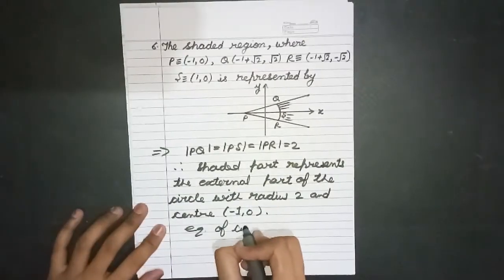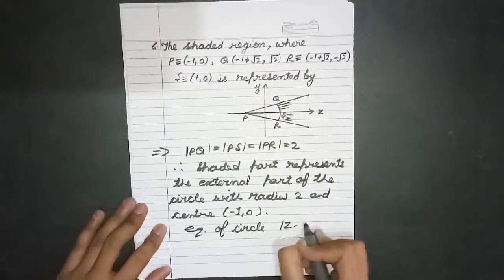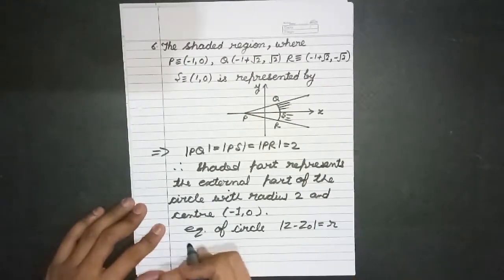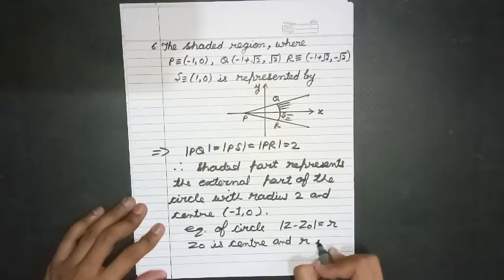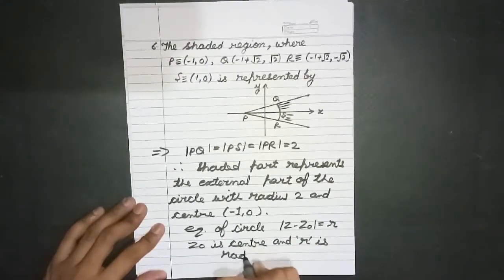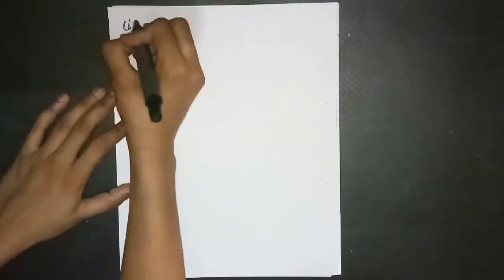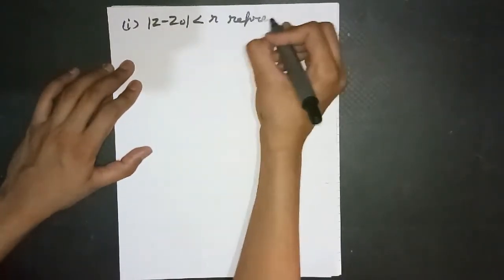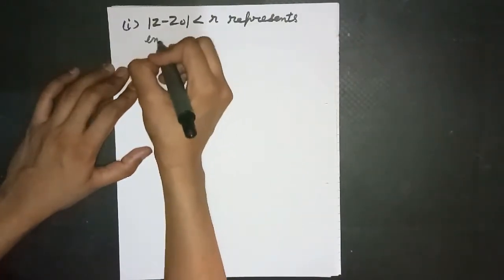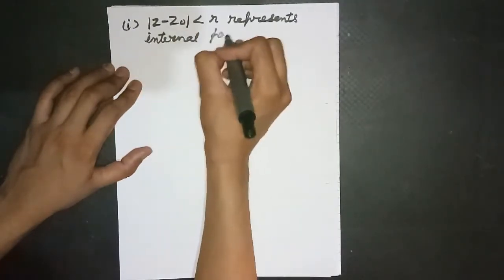So now the equation of a circle is given by modulus of z minus z naught equal to r, where z naught is the center and r is the radius. Got it? Some important points. First, modulus of z minus z naught less than r represents the internal part of the circle, right?